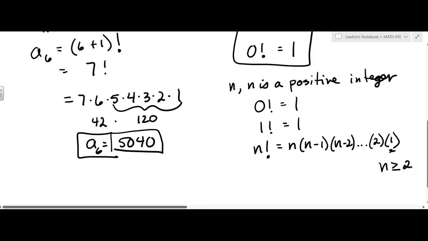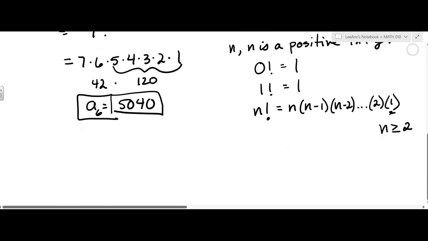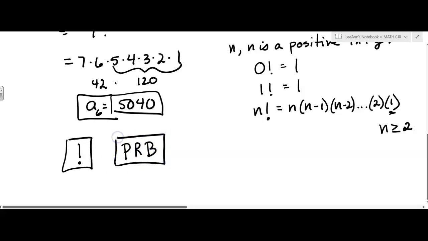Now, like I said, you can use a calculator. Some calculators actually have a button with the exclamation point, a factorial button. I believe our scientific calculators on campus have one. I don't have that. I have a little blue Texas Instruments calculator. It's about $12. It doesn't have a factorial button, but it does have PRB, which I'm sure is for probability.